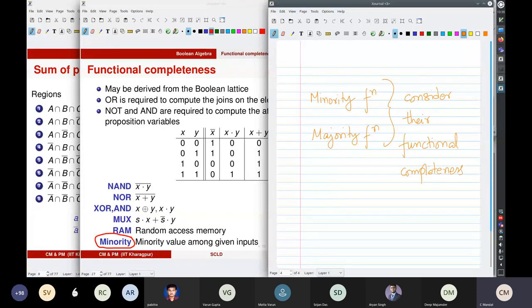This I am giving to you as an exercise. It will be there in your exercise sheets, but I'm just spelling it out now in the class.